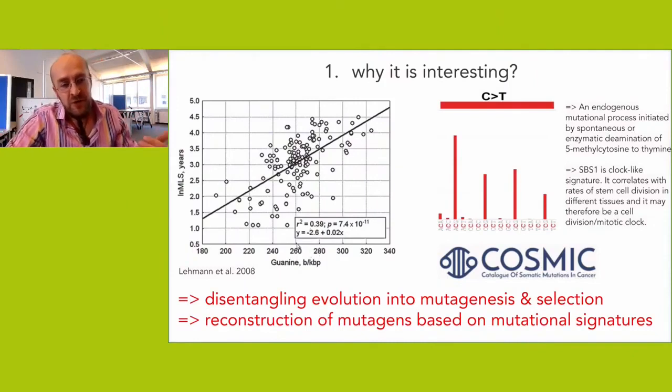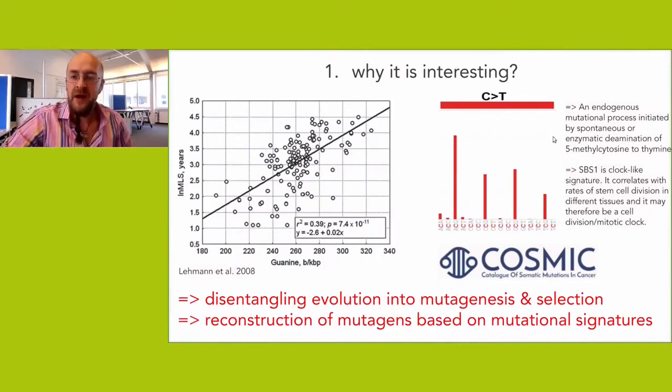So if we want to distinguish mutagenesis and selection, we need to know the mutation spectrum.